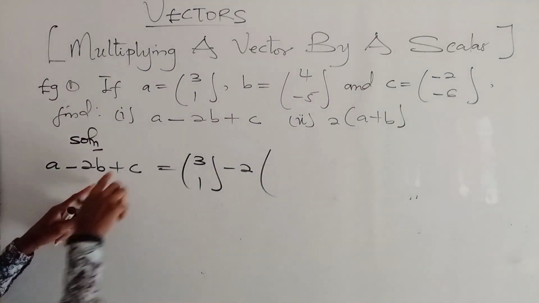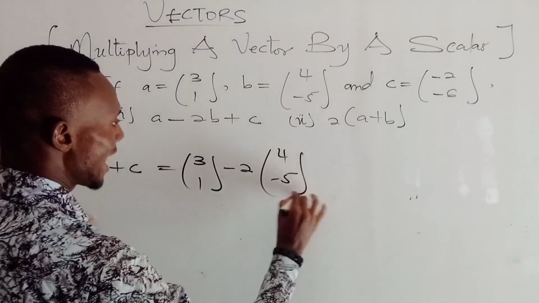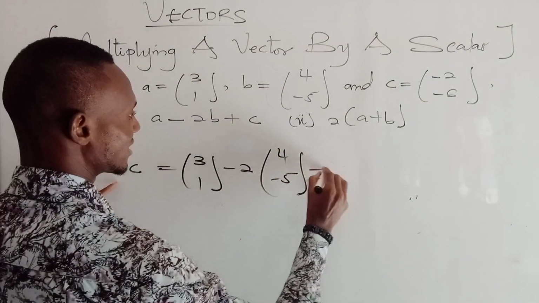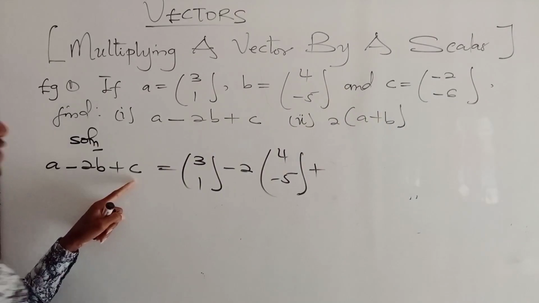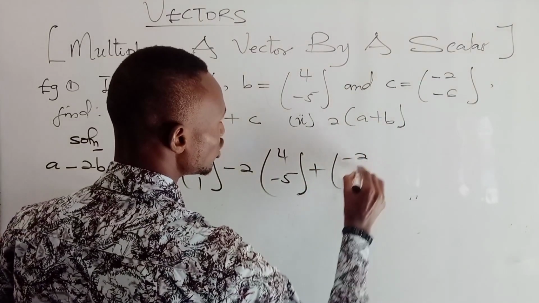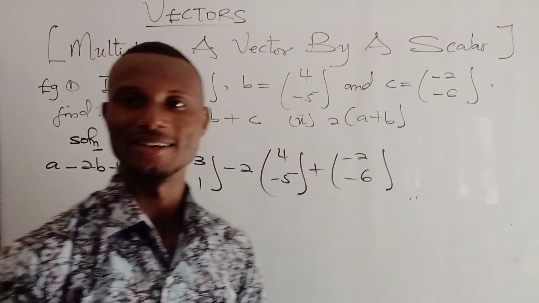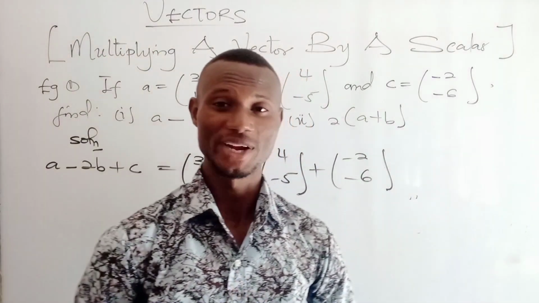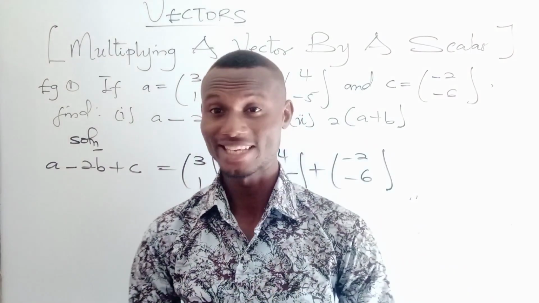The vector b is 4, -5. Then you bring your plus. Then you have the vector c, which is given to be -2, -6. I hope you understand and you agree with me up to this point. All that we did is to input the values of the vectors given.